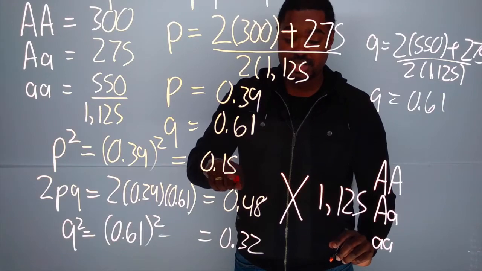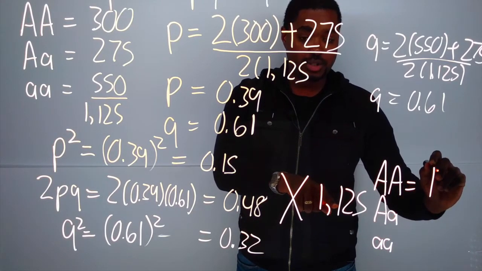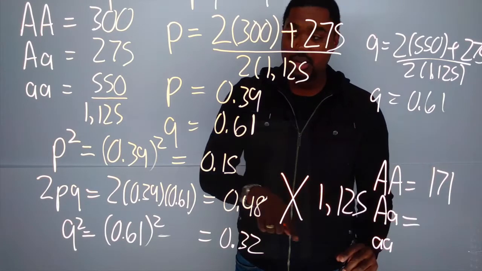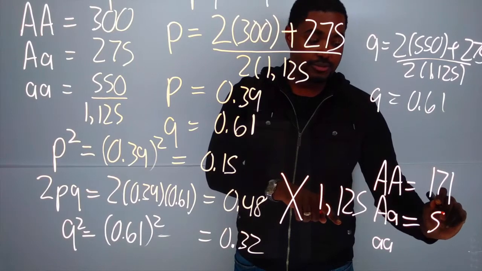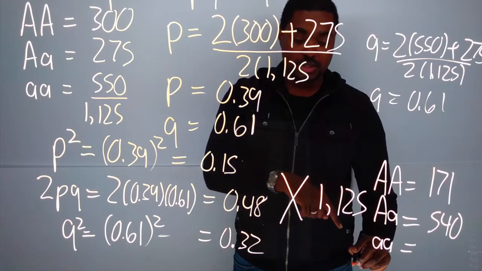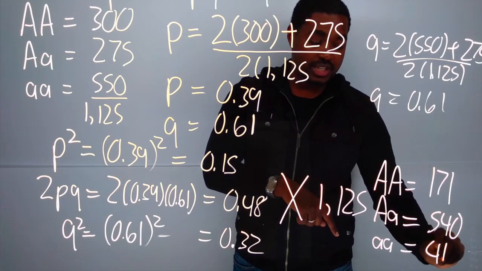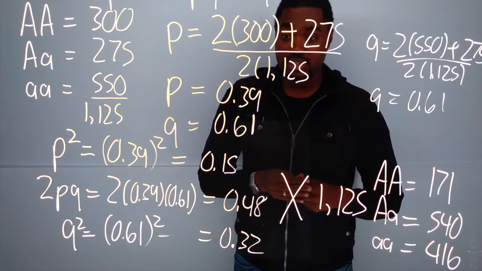So 0.15 times 1,125 is going to give you 171 individuals. 0.48 times 1,125 will give you 540 individuals, and 0.32 times 1,125 will give you 416 homozygous recessive individuals in this population.